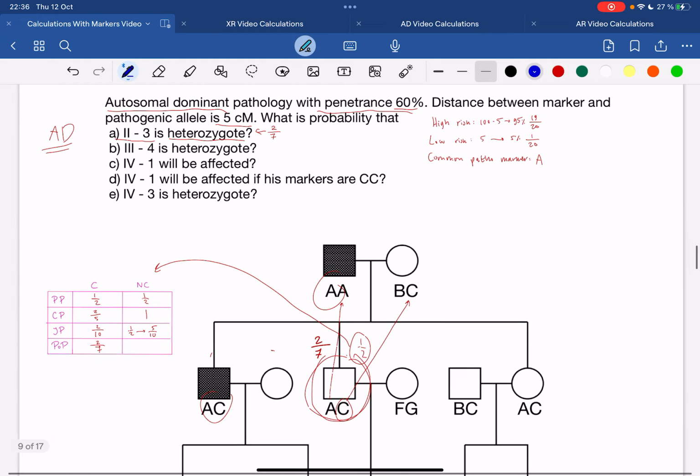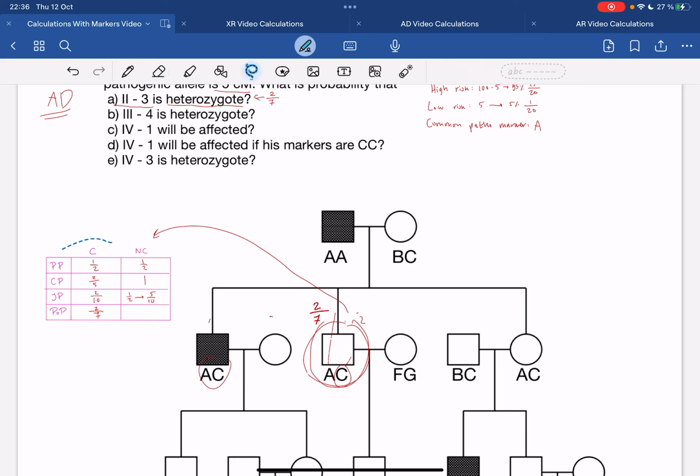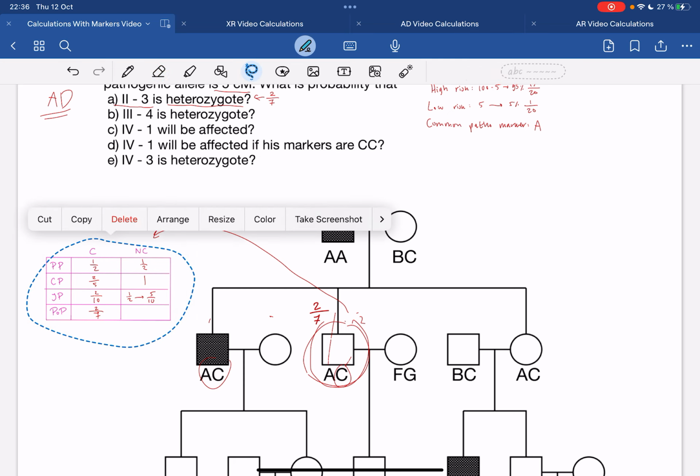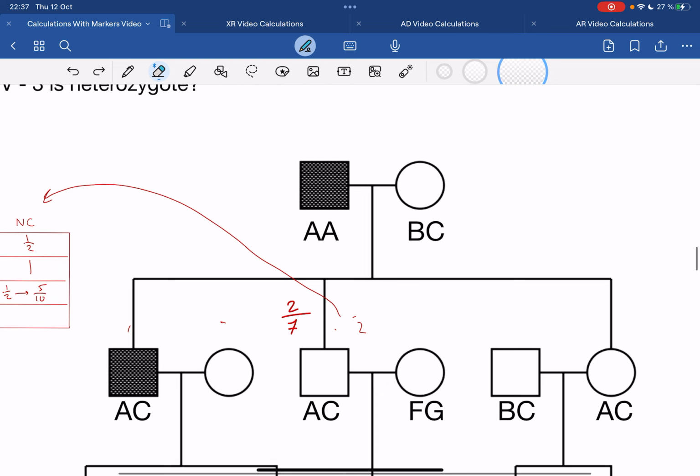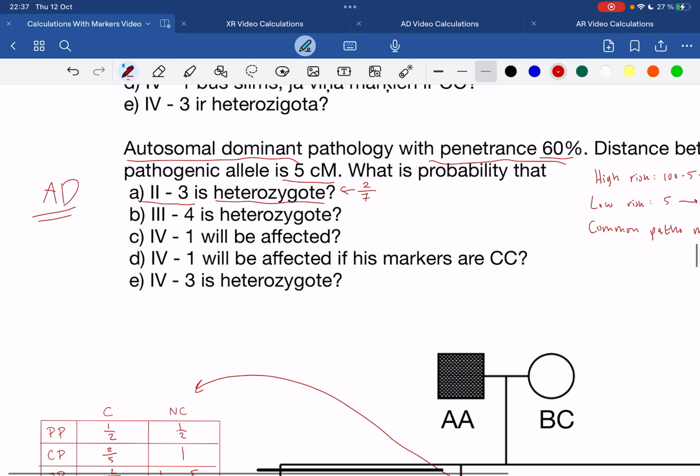Let's use another color for the next person. Let's color this red so it's easier to follow. So the next person is 3-4, and we're asking what is the chance for this person to be heterozygote.